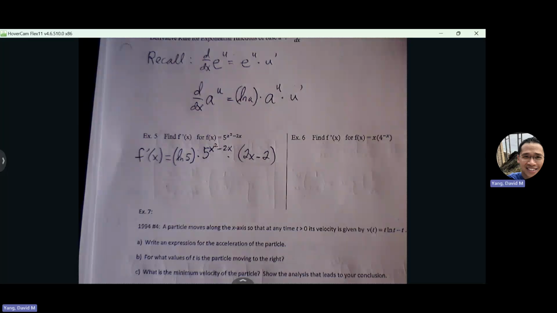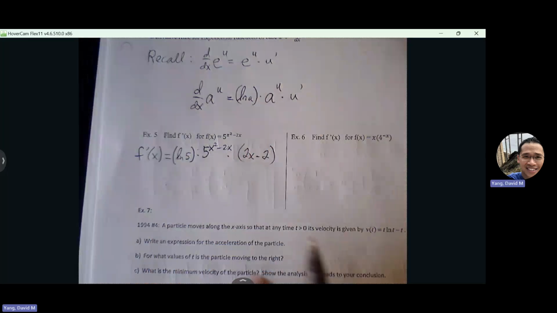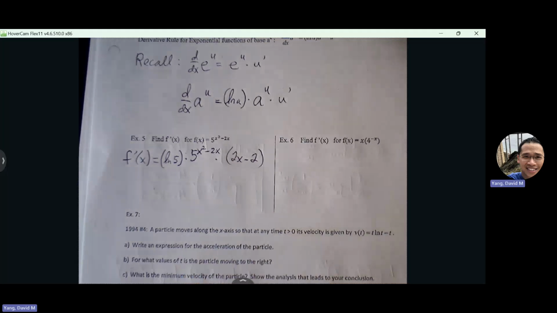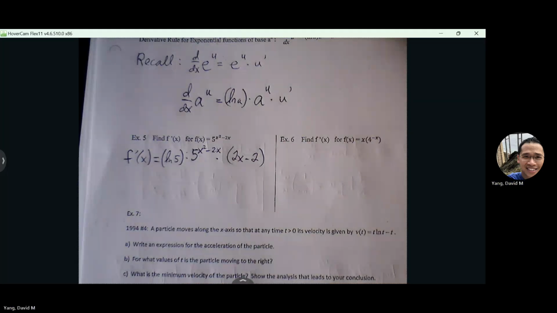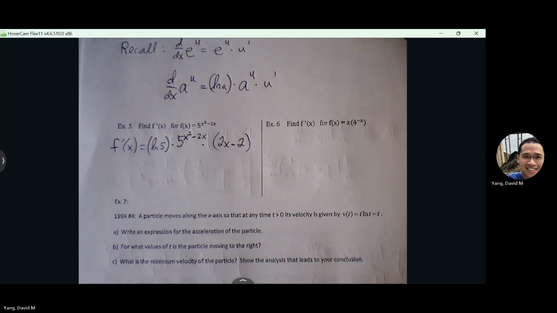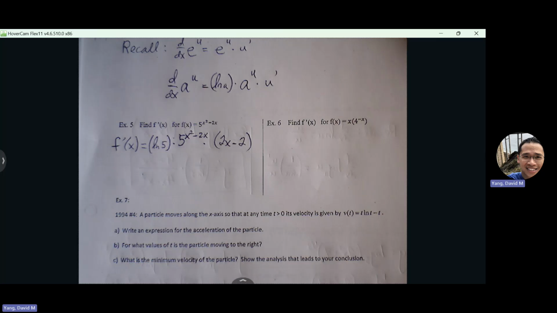It's messy, but you don't have to do any cleanup. As long as you have all your pieces involved, that's enough for your derivative. Any questions here?